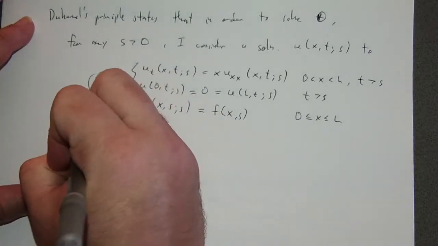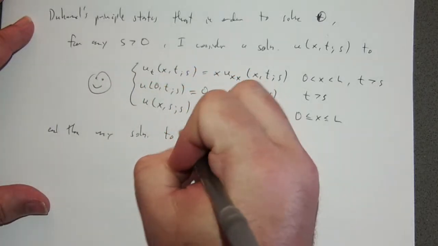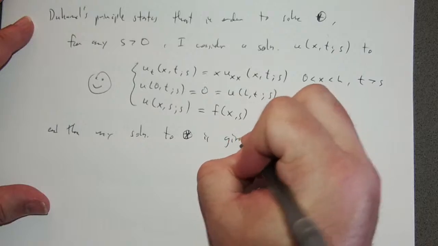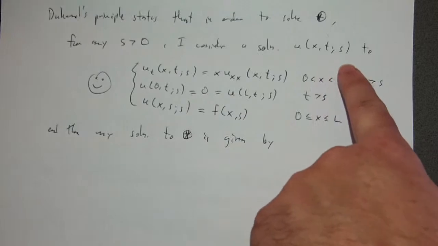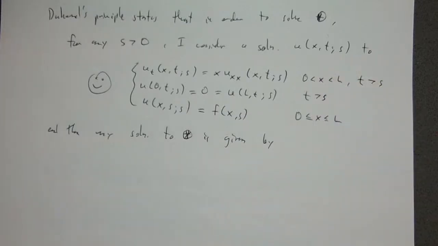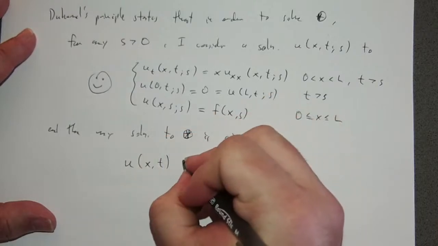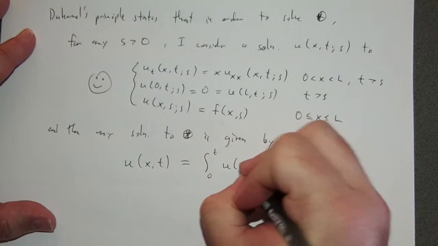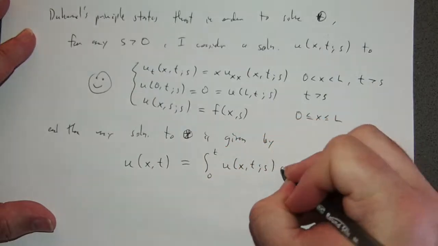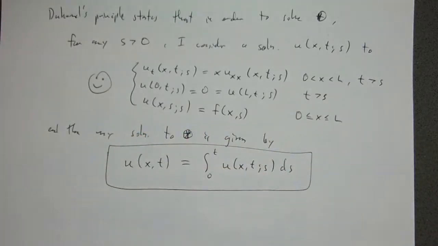And then my solution to asterisk is given by integrating this solution over the parameter s from 0 to t. This was Duhamel's principle. And the thing is that this can seem a bit mysterious.